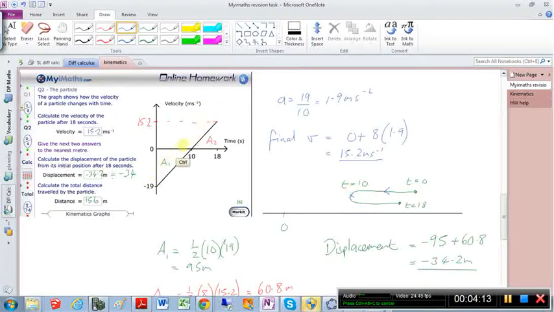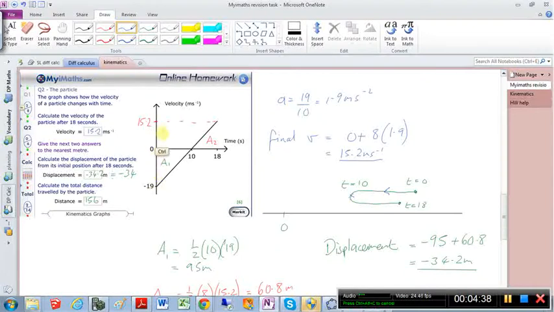Okay, constant acceleration, which is the gradient of this line here. So we know that the velocity function, if we differentiate that, we get the rate of change of velocity, which is the gradient and also the acceleration. So let's start doing the question parts. Calculate the velocity after 18 seconds. Well, in the first 10 seconds it changes from minus 19 to 0.